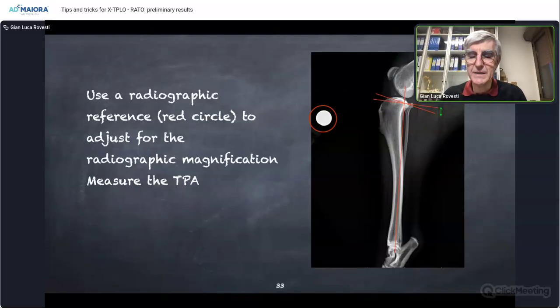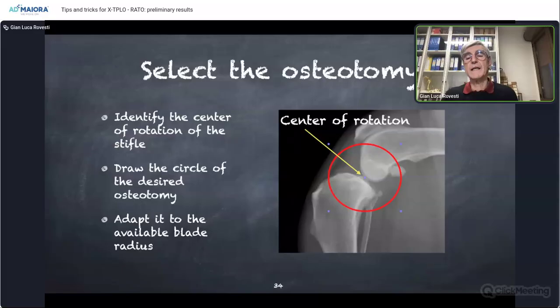Once we have the TPA, the angle of inclination of the tibial plateau, we should select the osteotomy. I don't start taking care of the exact radius of this circle.